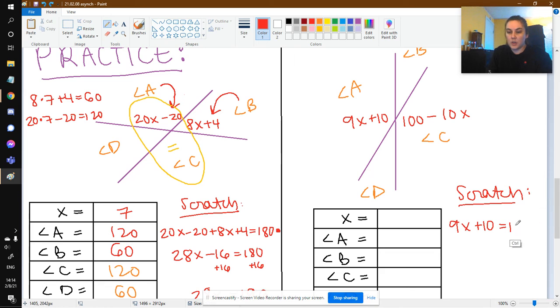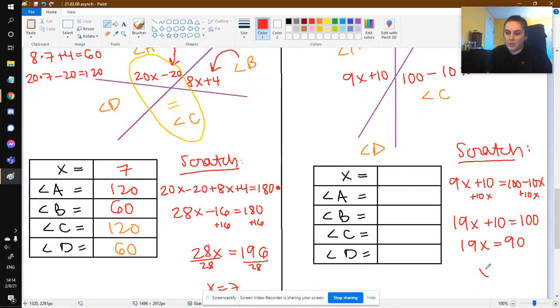Rather than adding to 180, we get to set them equal because they're vertical angles. Now I'm going to add 10x to both sides. Then I'm going to subtract 10 from both sides. And then I'm going to divide by 19.